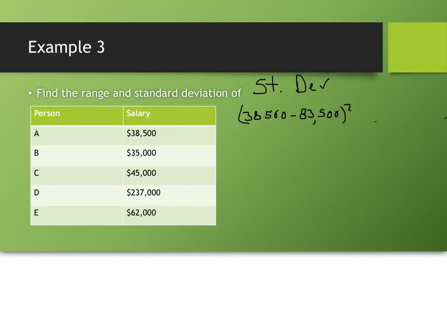But you're going to do that 5 times. And you're going to add them all up, divide by 5, and then take the square root. Now, if you haven't done that yet, then do that now. And we'll take a look at that after you've actually calculated.